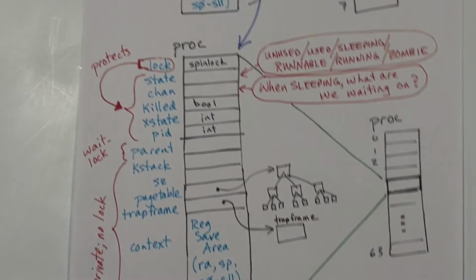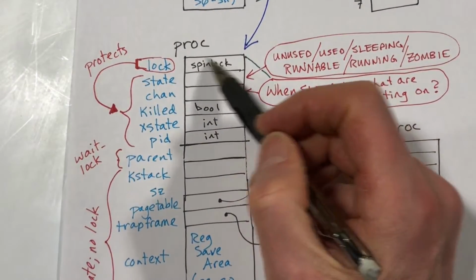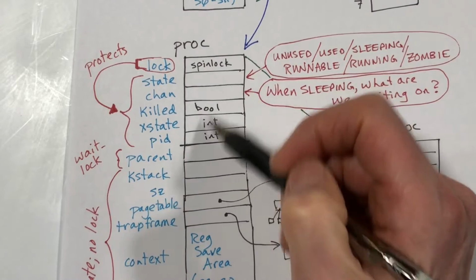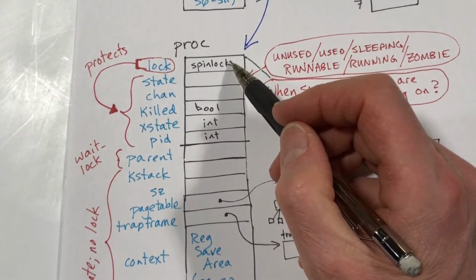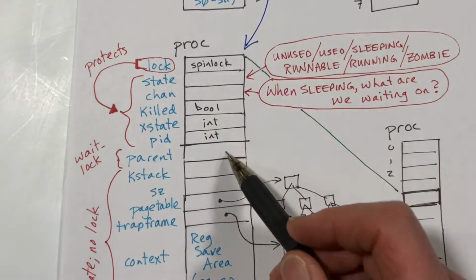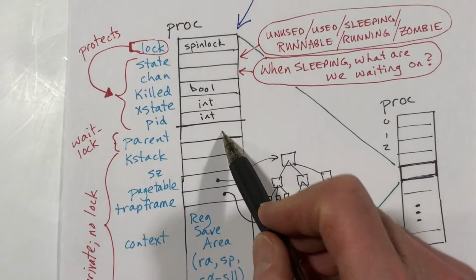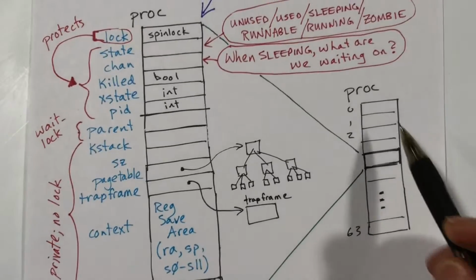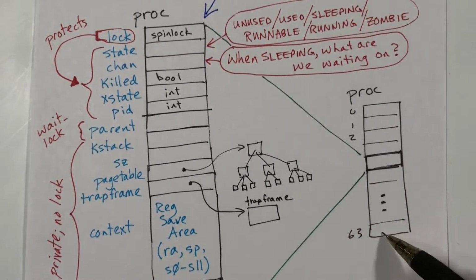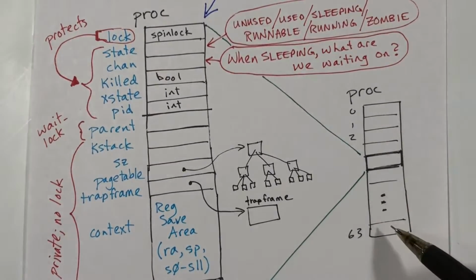So let me zoom in a bit. This spin lock will protect these fields. In other words, if any of these fields are going to be modified or accessed, we need to grab the spin lock. We also have a pointer to our parent. So this is a pointer to one of these other proc structures. There are up to 64 processes. Well, there are 64 processes.